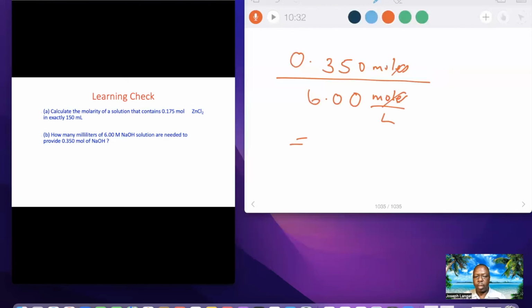So if I plug that in, 0.350 divided by 6.00, I see I have 0.0583.